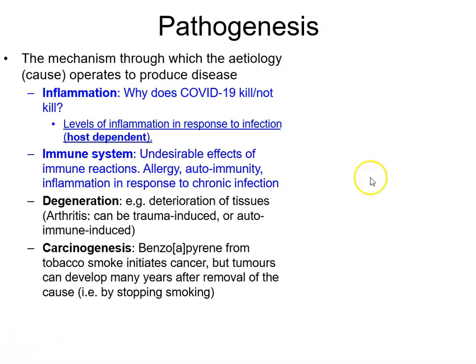So whilst we're talking about pathogenesis, we can talk about other disease causing effects such as degeneration. So degeneration can be either long-term or short-term, sort of chronic or acute. And what we find is in some diseases like arthritis, it can be trauma-induced or it could be autoimmune induced.